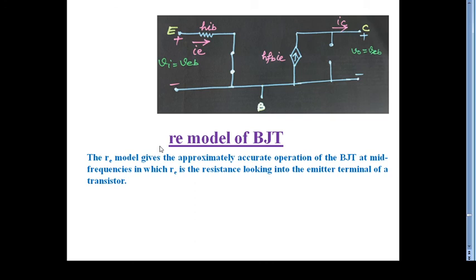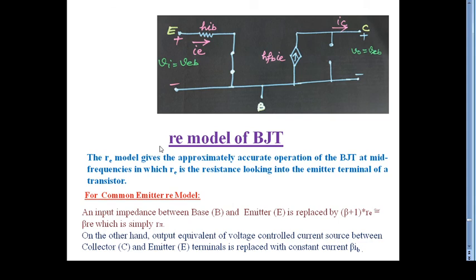So in that case, for the common emitter RE model, beta plus 1 RE is approximately beta RE, which is simply our R pi. Instead of R pi, we write beta RE. In the RE model, beta RE is nothing but your R pi. So we just replace it with R pi. On the other hand, the output voltage controlled source of the common emitter is replaced by a constant current, that is beta IB.